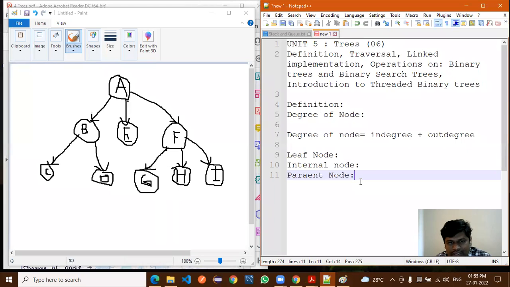B, C, D, E, F, G, H, I. All these are the child nodes, because all these nodes have predecessors and their in degree is 1.